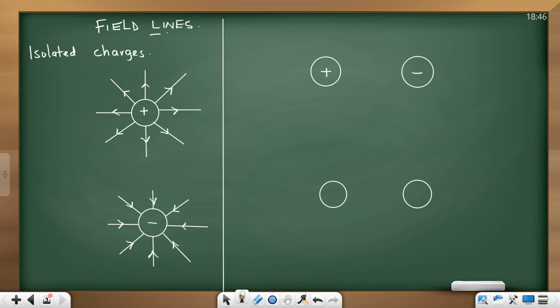Of course, if it's attraction, opposite signs. And if it's repelling, the only thing that will be different will be the arrow. So if it is attraction, what happens? Don't draw too many, okay? Once you start drawing too many, we're going to start creating problems.